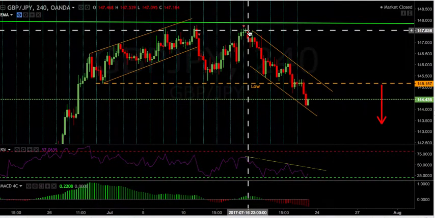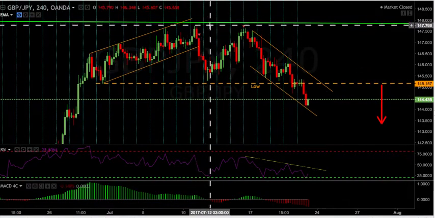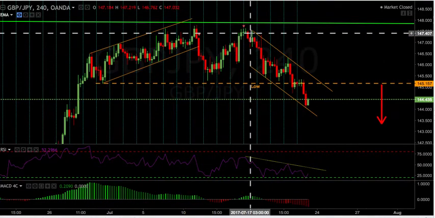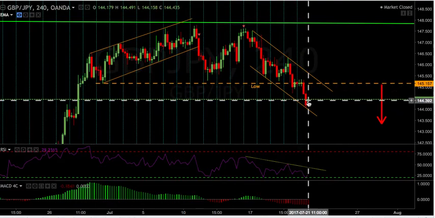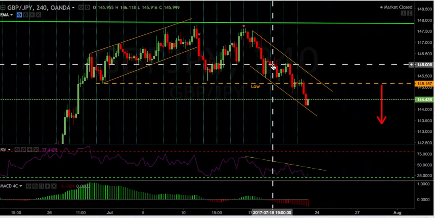It doesn't have to give a super impulse, but once price retests a high or a low, you can expect either an impulsive movement or even a corrective movement like this away from that previous high or low, and those are just good trades for us.